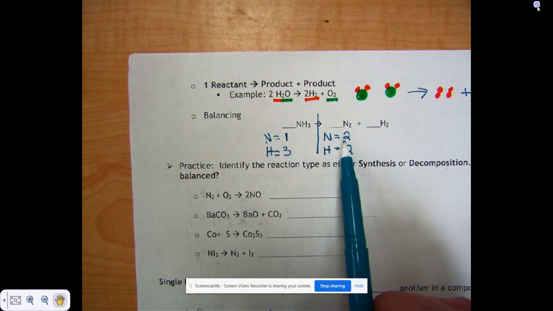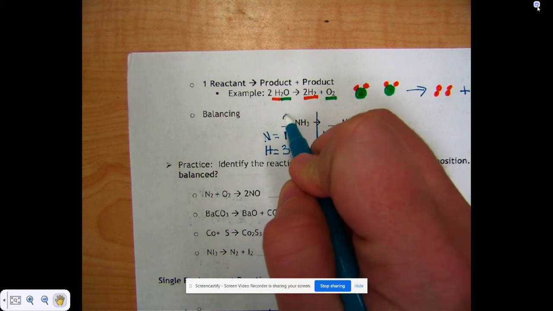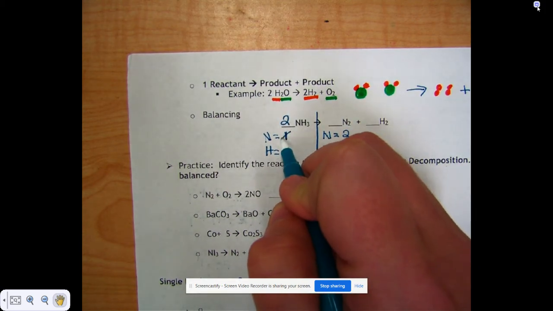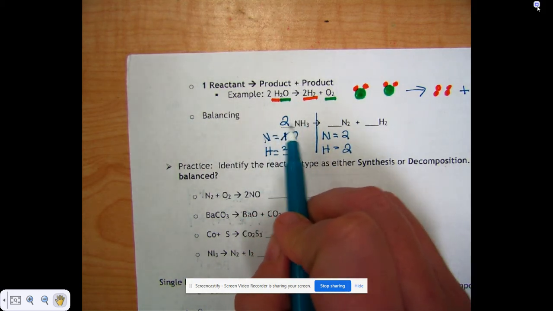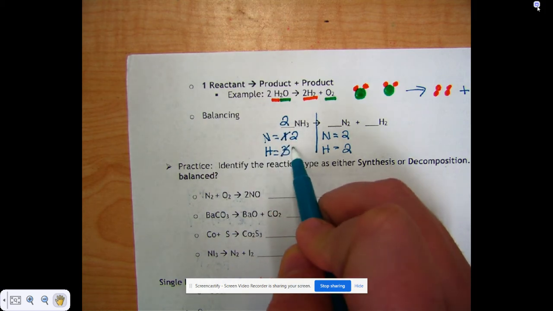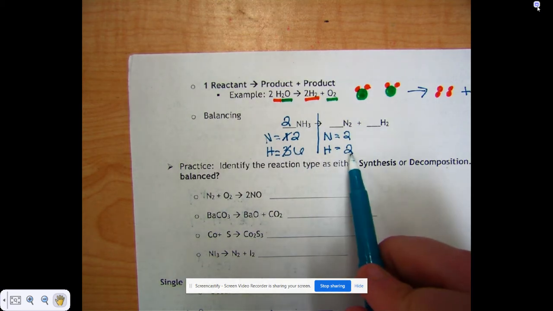I can easily turn this nitrogen over here into a 2 by adding a 2 in front of that compound and recalculating. There are now 2 nitrogens, and I just didn't do the nitrogen. It also affects the hydrogen. And there are 6 hydrogens. Okay. Am I finished? No, because now my hydrogens don't match.